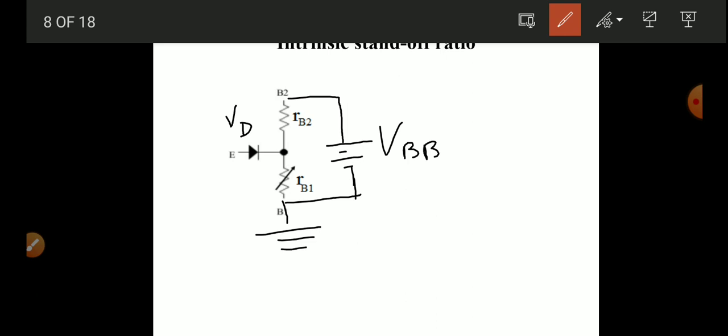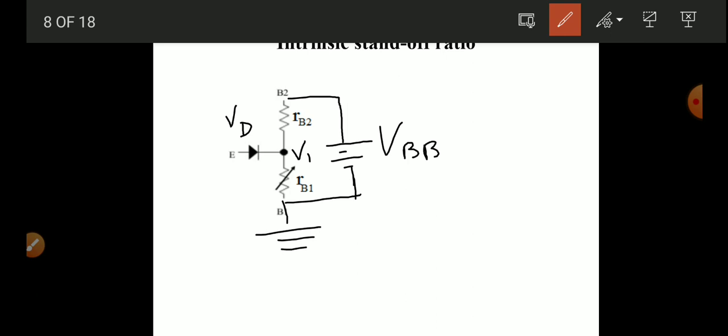In this case, RB1 is a variable resistance that changes depending upon the conductivity occurring across that region. So we can take the voltage across RB1 as V1.